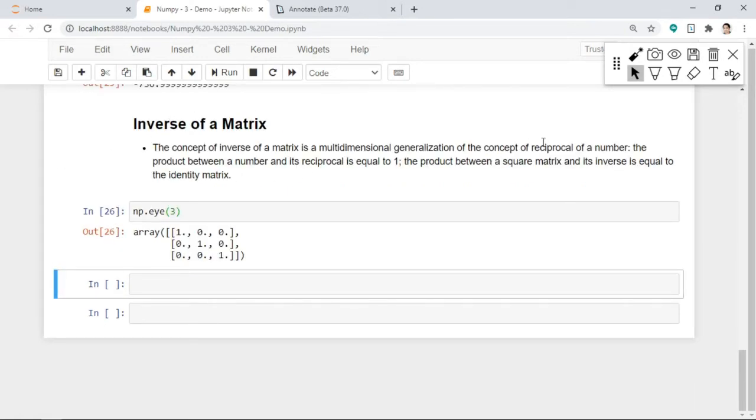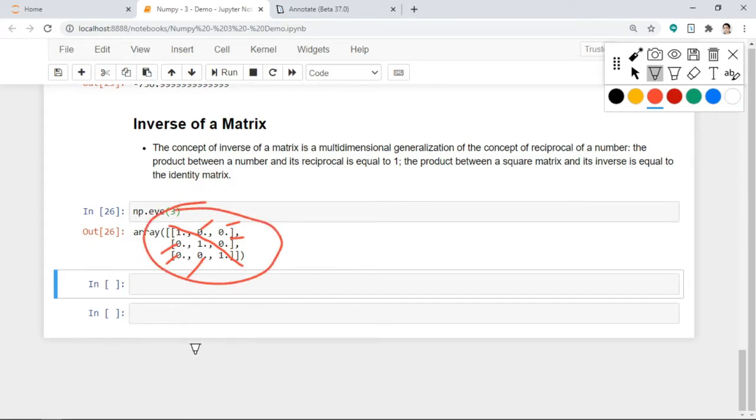So this is an identity matrix. Why? In the diagonal we have all ones, then the upper and lower we have 0. It just means that if you multiply the original by its inverse matrix, you will arrive at this identity matrix. Let me just demonstrate this one.